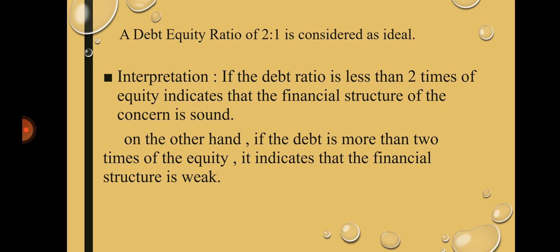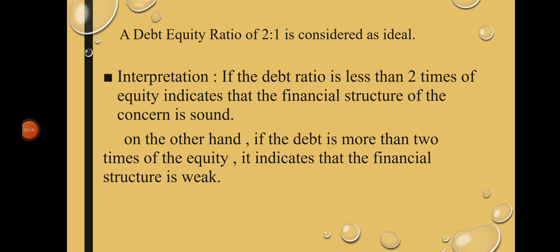Okay, a debt equity ratio of 2:1 is considered as ideal. That is, the interpretation will be like this: if the debt is less than 2 times of equity, it indicates that the financial structure of the concern is sound, which means the debt of the business organization should be less than 2 times of equity.